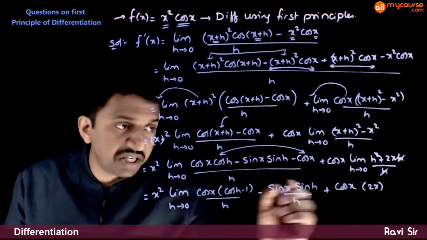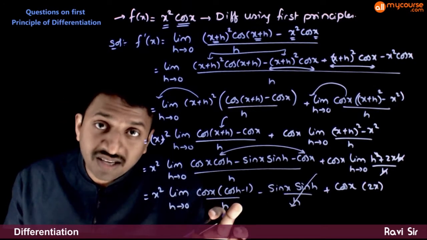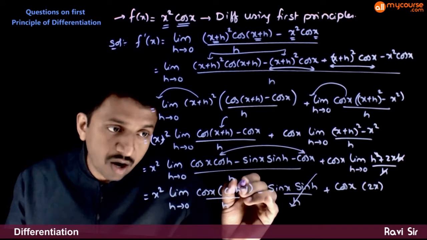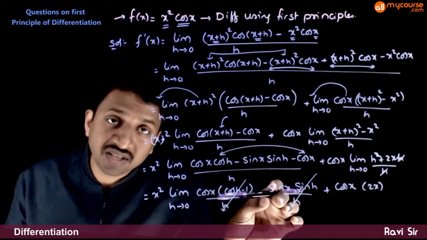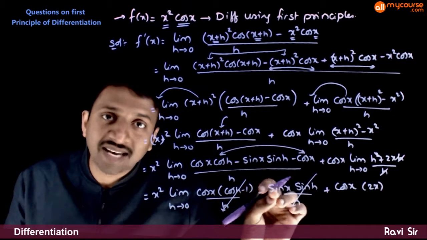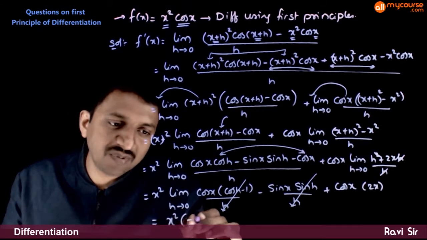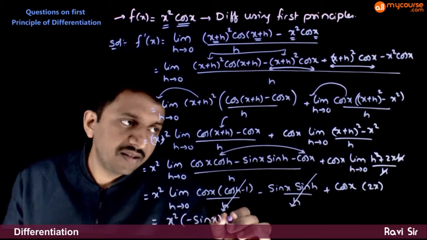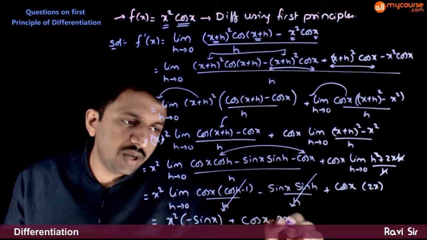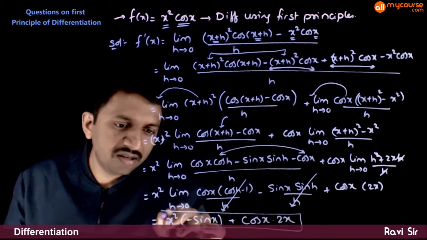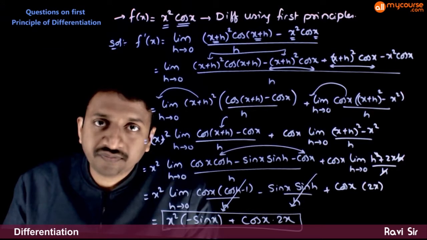And here as h tends to 0, sin h by h goes to 1, and as we have already seen in the differentiation of sin x, (cos h minus 1) by h goes to 0. So this term goes to 0, this term goes to 1. So minus sin x into 1 is minus sin x. That is x square times minus sin x plus cos x times 2x.